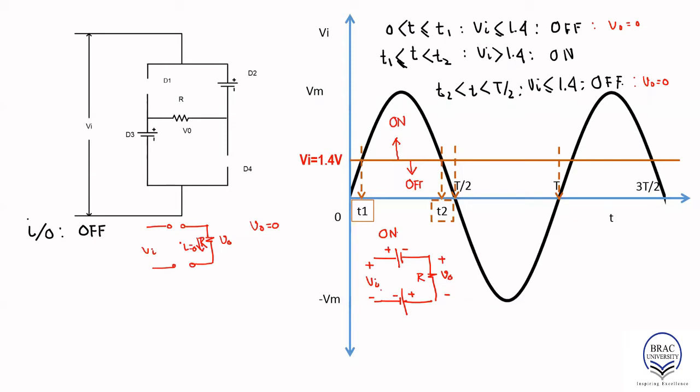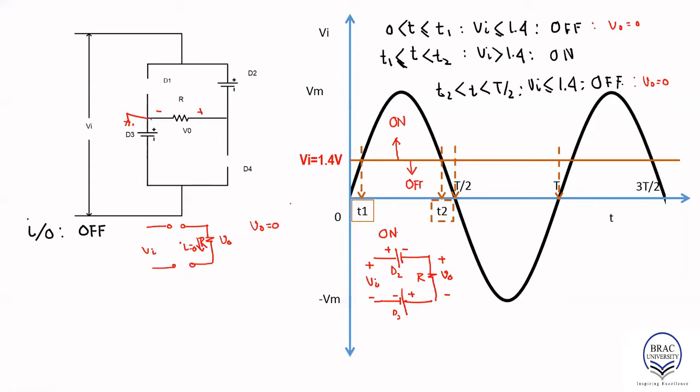If we apply KVL, the polarity is like that. This is our D2, then D3, so that should be our positive terminal of the voltage. This is negative, so that is our reference point. You have to remember this is our ground reference point, so voltage is measured with respect to this point.